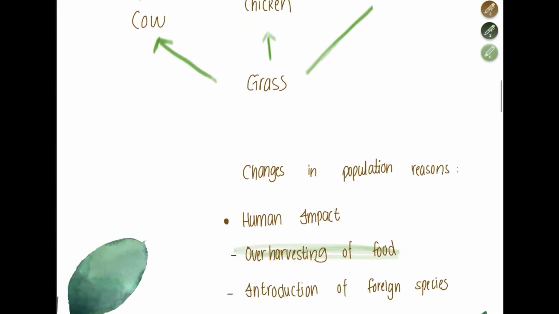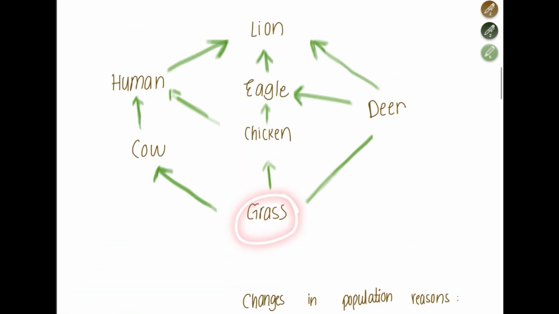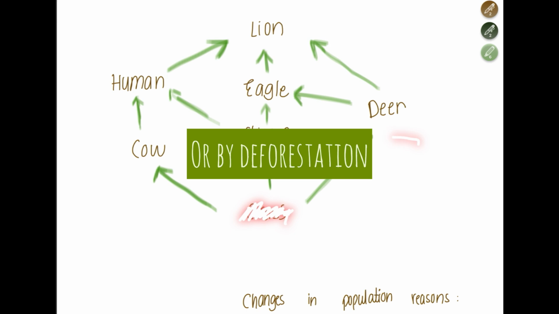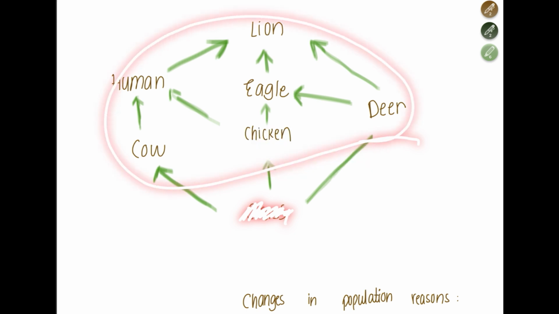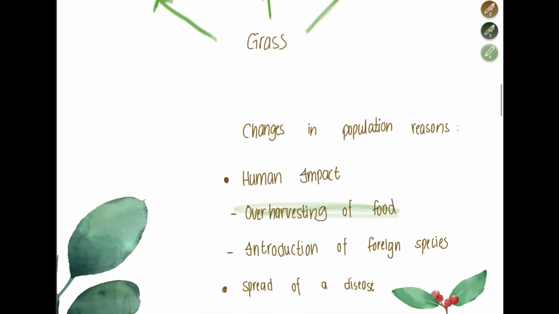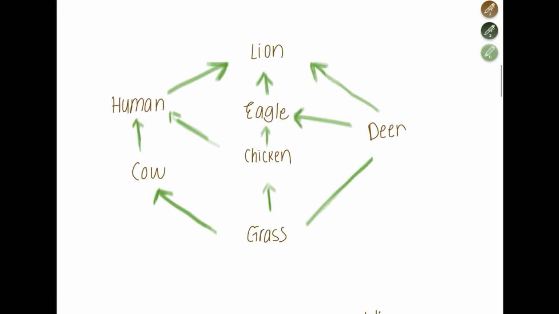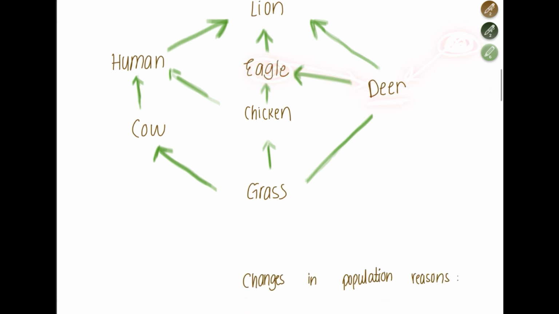That is going to reduce the population of that food, and for example, if it was grass and human beings just cut off all the grass in a certain area, all of these above organisms are going to be affected, right? It can also be by the introduction of foreign species. For example, if you introduce another organism that feeds on deer as well as the eagle, both of them are going to be feeding on deer, so the population of deer is likely to decrease, right?